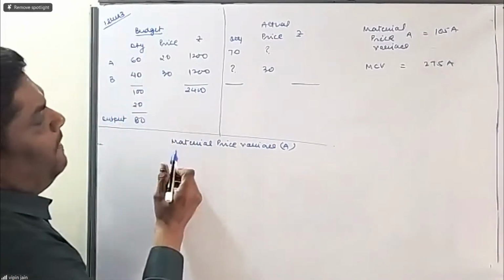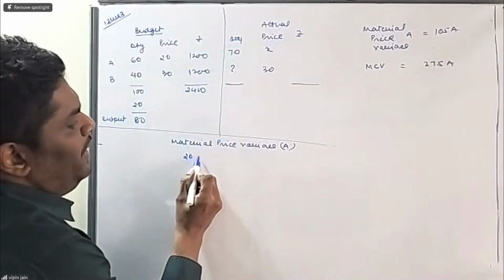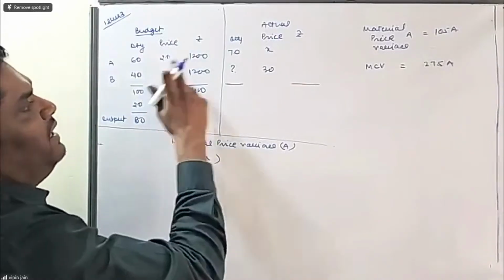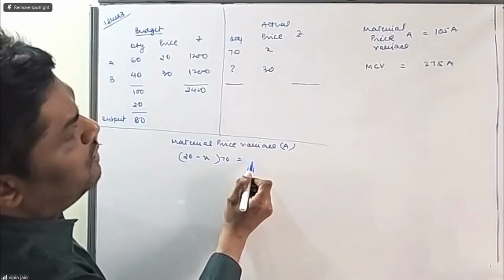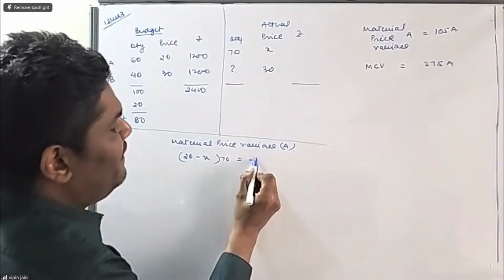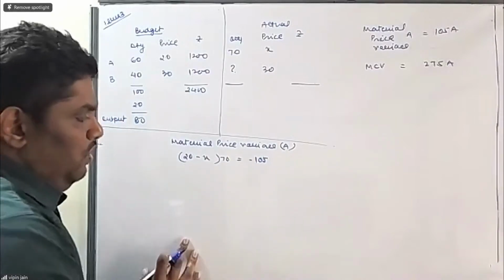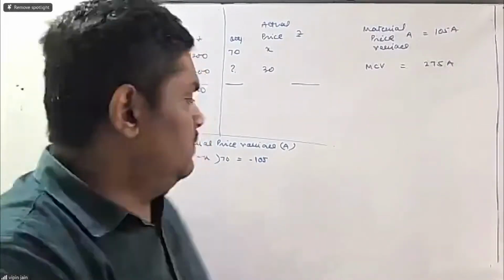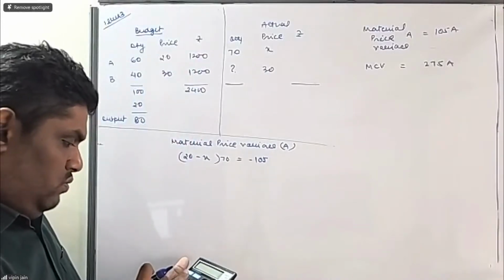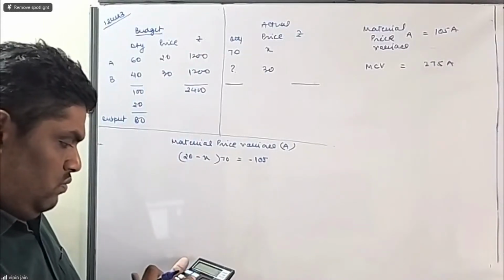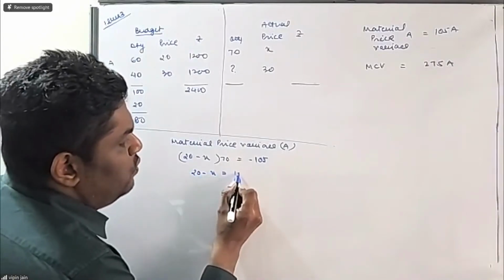So see, very simple, guys. Let's assume it as X. So 20 minus X, standard price minus actual price into actual quantity, should be how much? 105 negative. That is, adverse means negative here. So this will be 20 minus X is equal to 1.5.